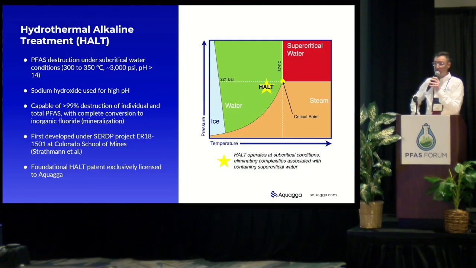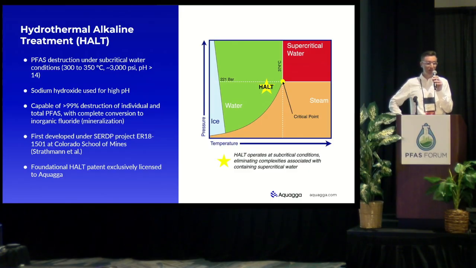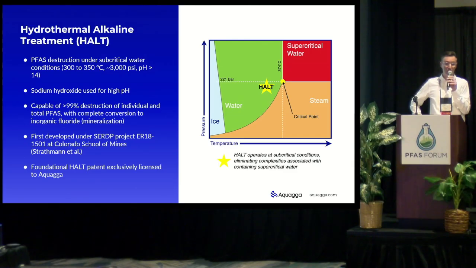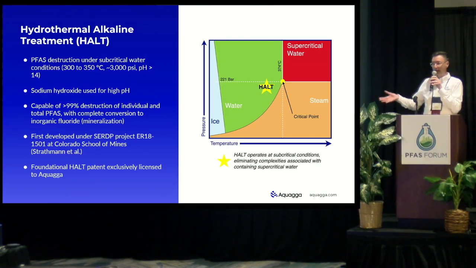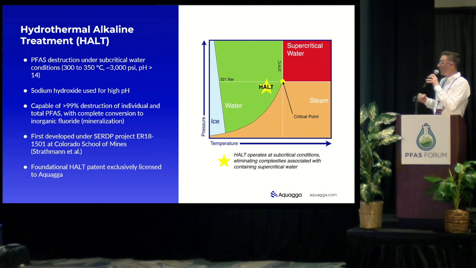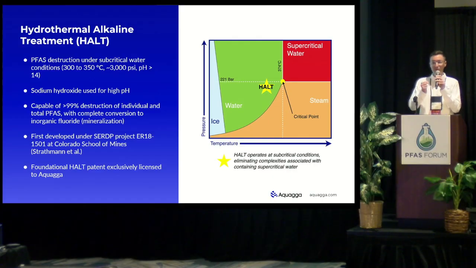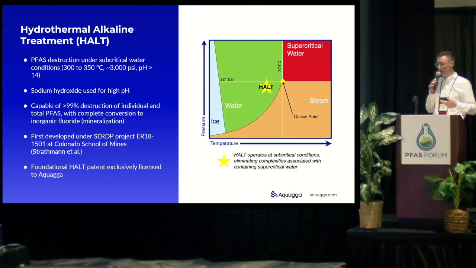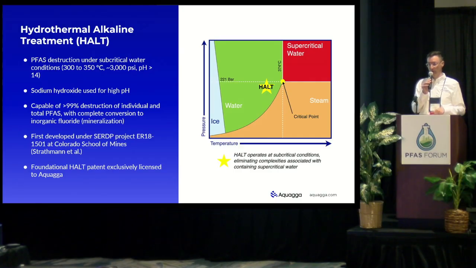We work in temperatures of somewhere between 350 to 370 degrees Celsius typically, 3,000 PSI, and then we add in a liquid alkaline amendment, typically sodium hydroxide, but it can be potassium hydroxide depending on the application. So those are the levers that we pull to tune our systems and to tune our process for the different types of destruction applications that we're doing.